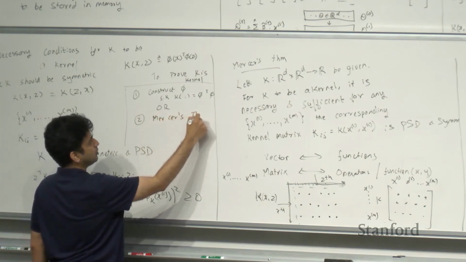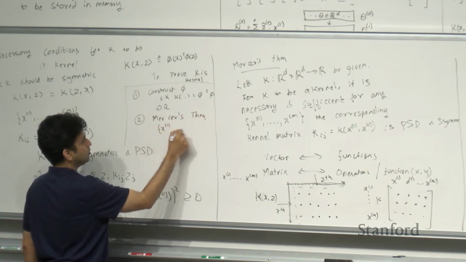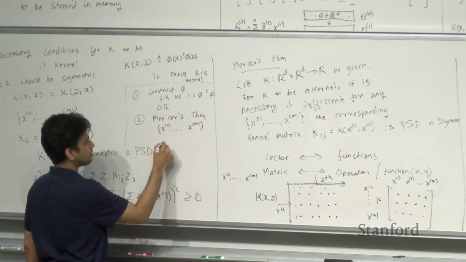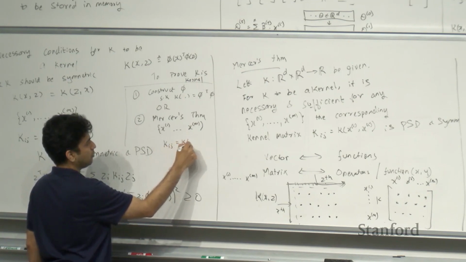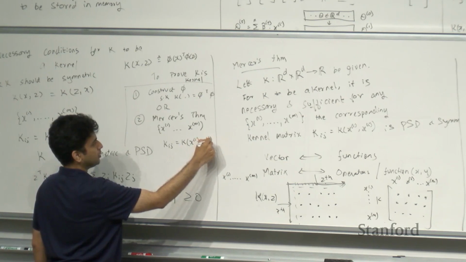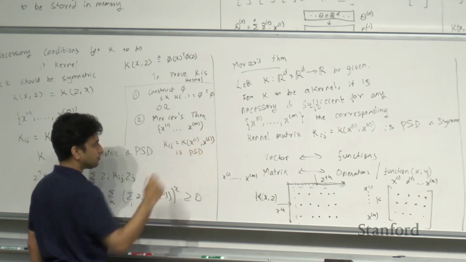Mercer's theorem, which means for any collection x1 through xm, K_ij equals K of xi, xj is positive semi-definite.